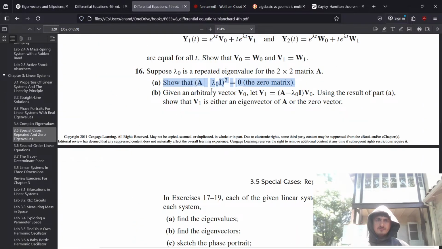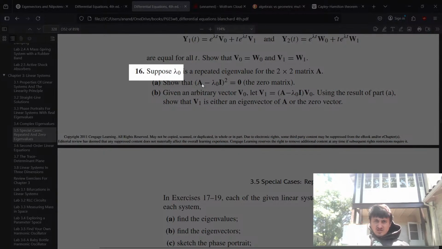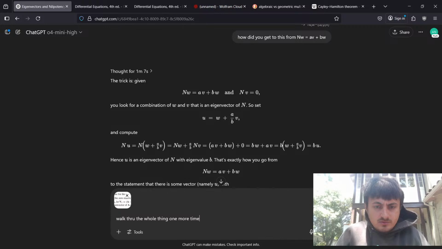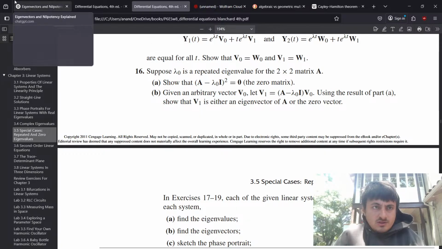Is this an odd number one or even? Damn it. All right, I'm gonna do this, which is kind of lame, but I'm gonna just walk through the whole thing one more time. This problem is actually like crazy.